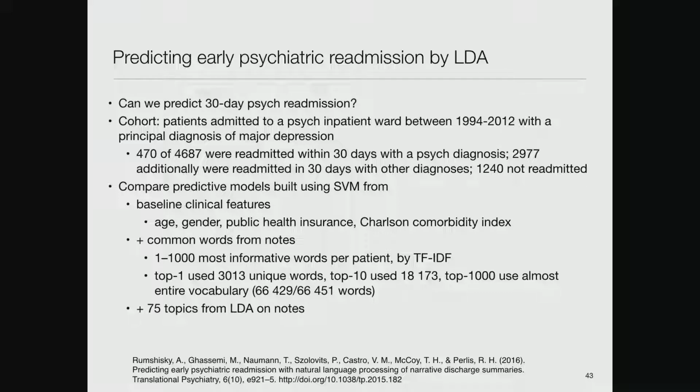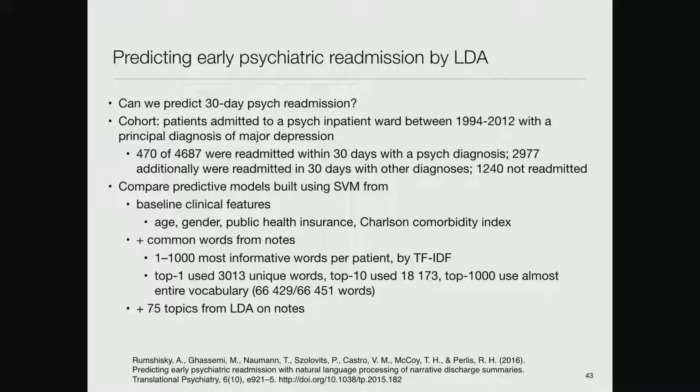And then we said, well, what if we add to that model common words from notes? So we said, let's do a TF-IDF calculation. This is term frequency divided by log of the document frequency. So it's how specific is a term to identify a particular kind of condition. And we take the 1,000 most informative words. There are a lot of these.